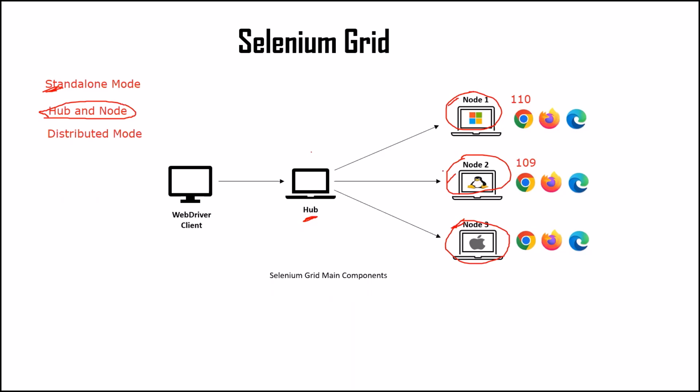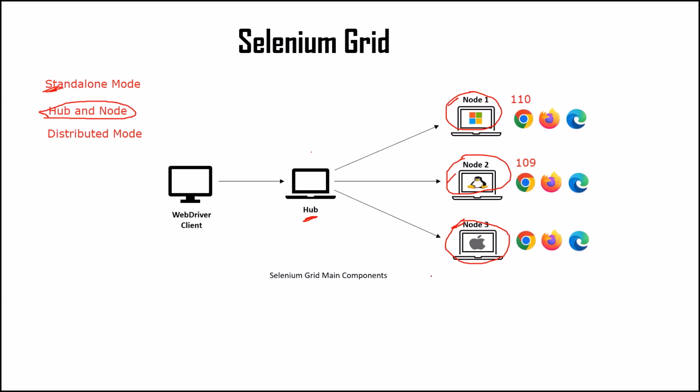Or if I want to run my test on a specific operating system, let's say Win 10 or Win 11, then when I execute my test, by providing the browser type and version, Selenium Grid will automatically route my test to the machine where all capabilities are available. So in this mode, we can add any number of machines in the grid, and we don't need to stop the whole grid to add a new machine or to update an existing one.